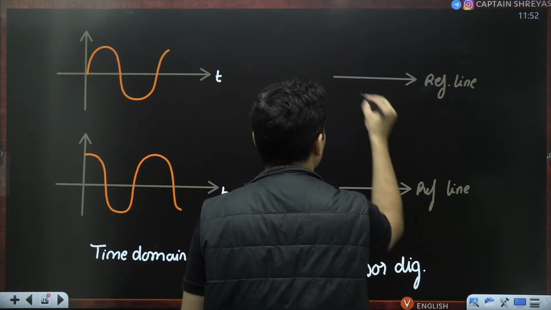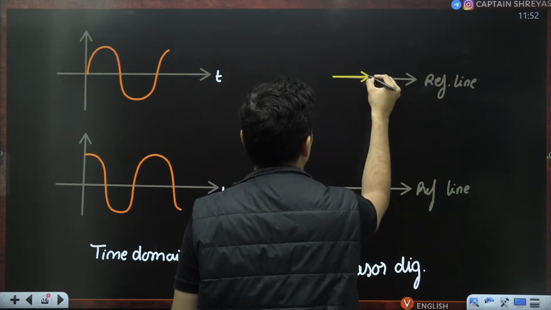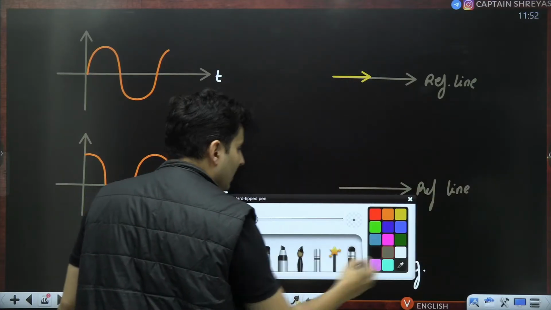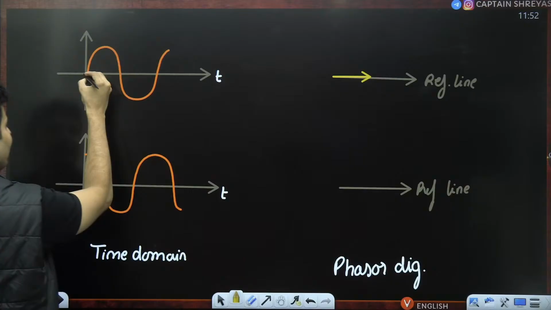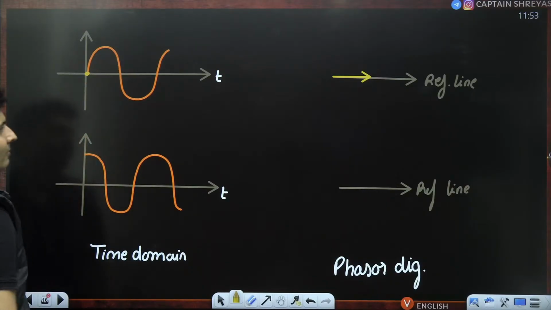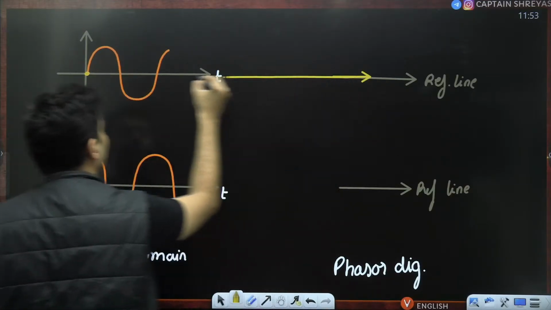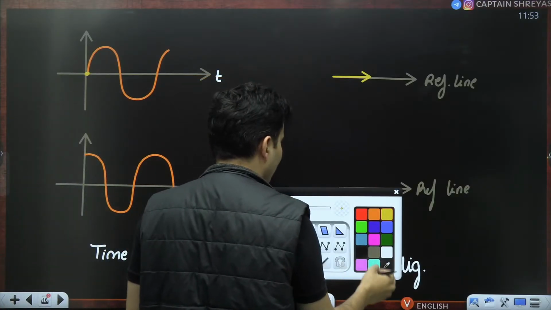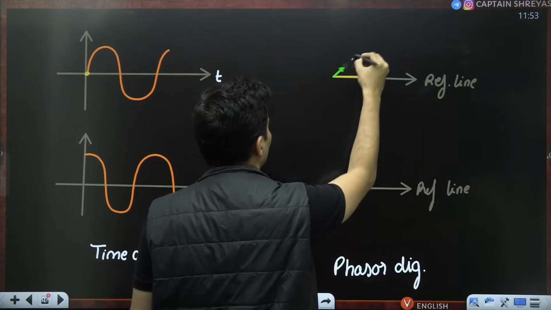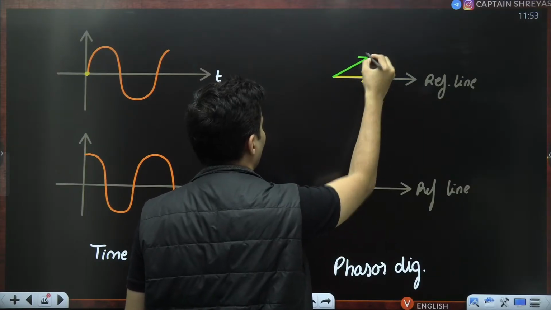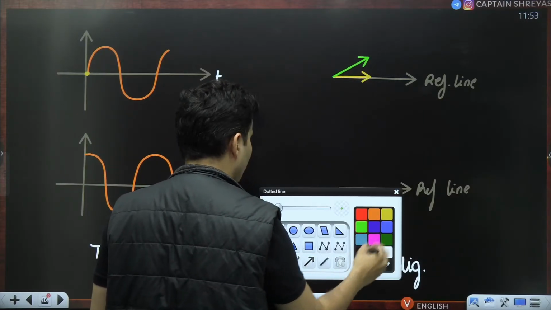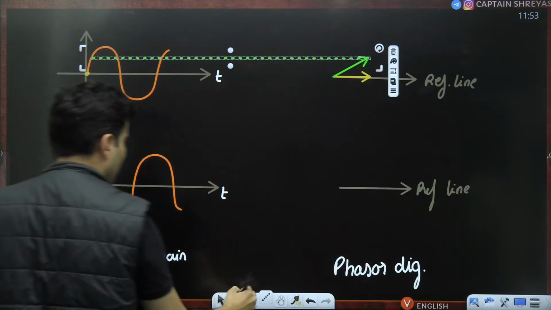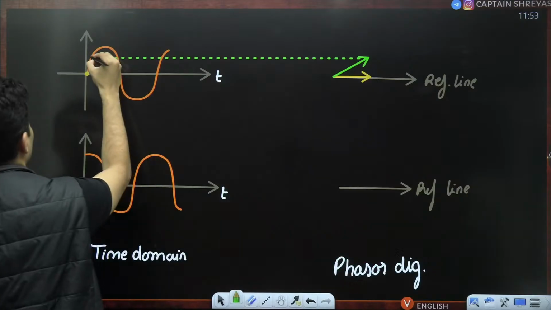Observe this very carefully. I will show the phasor like this over here. At the start, when the time was 0, the value was 0. If you draw a line like this, it falls over here. After some time, maybe you go here, and if you draw a dotted line, this is the value you get after some time.